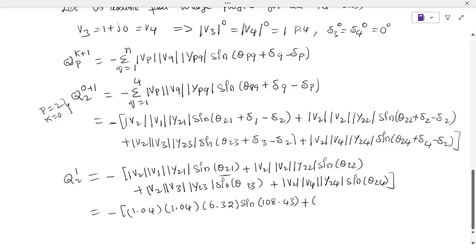Now this term V2, the PV bus value 1.04, again 1.04, Y22, that is 11.59 sin at an angle minus 71.55 degrees, that is the Y22 value.